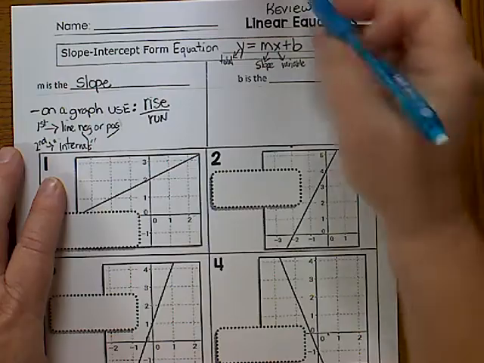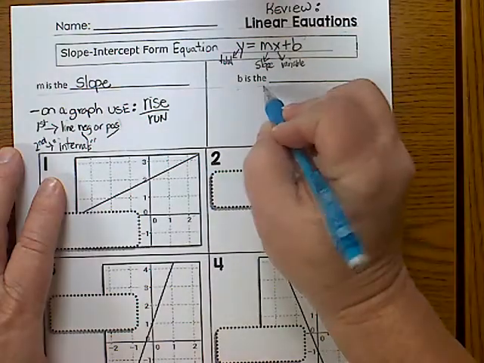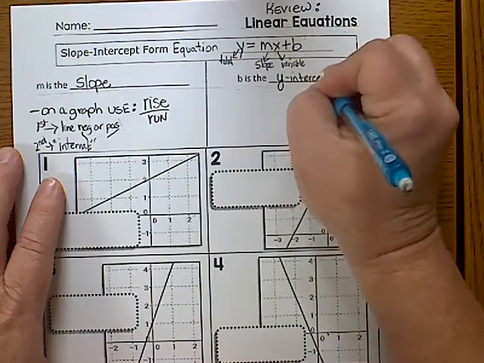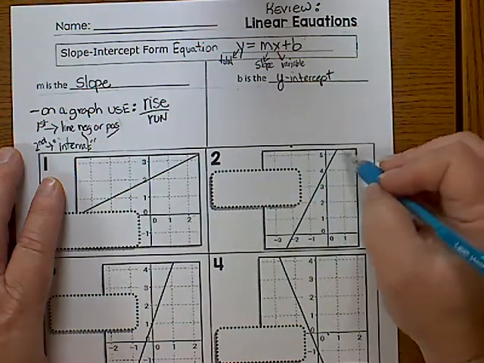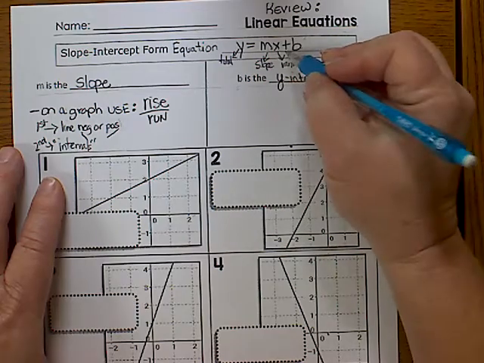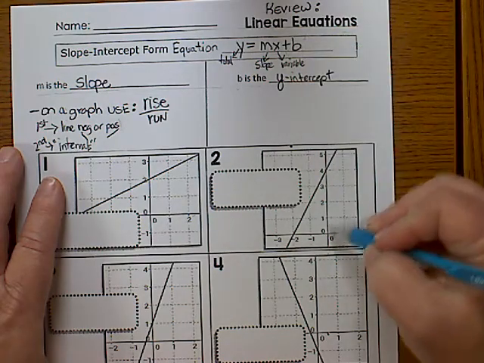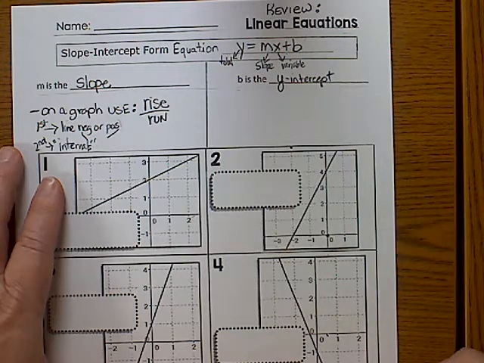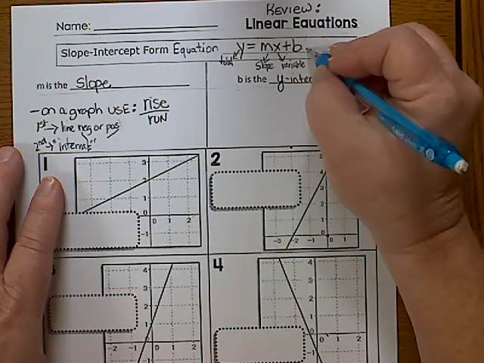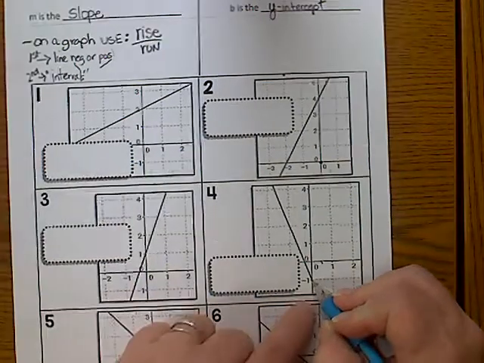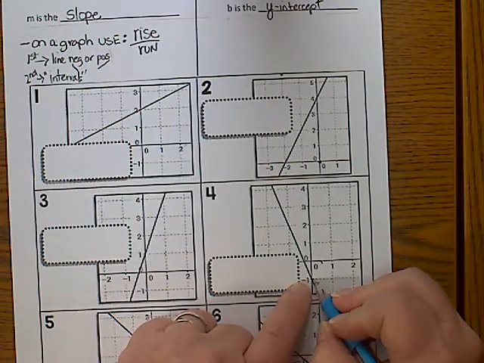Then you have plus b, and your b is the y-intercept, or where a line crosses the y-axis. It will be plus b if the line crosses above the origin, which this one does. It will be minus b if it crosses below, like this one here, where it's -1.